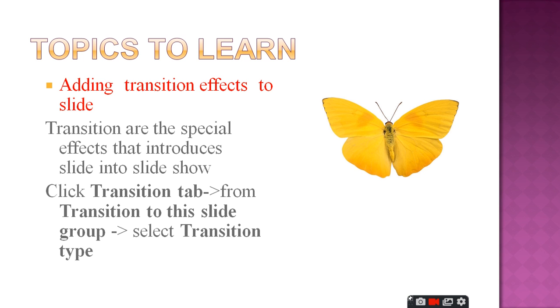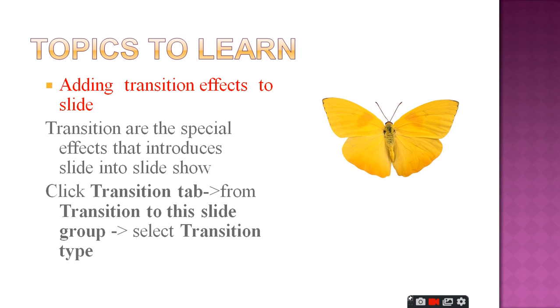So to add transitions, click on the Transitions tab. Then we will get the Transition to This Slide group. From that group, you select a transition type. Okay children, one more time, just recall the command: Transitions tab, then from the Transition to This Slide group, you select the transition type.